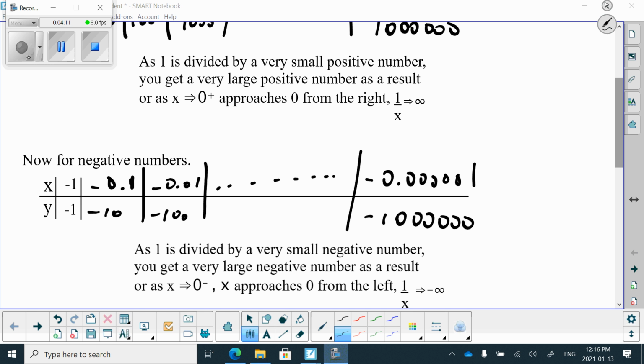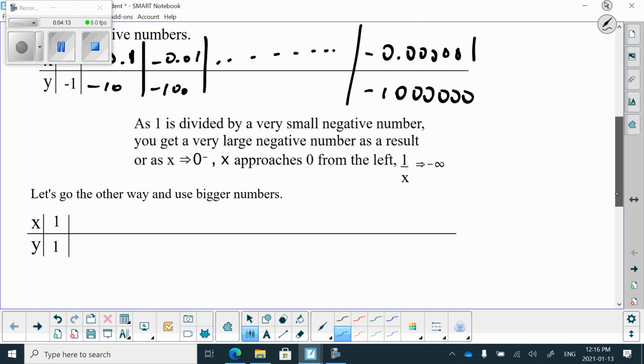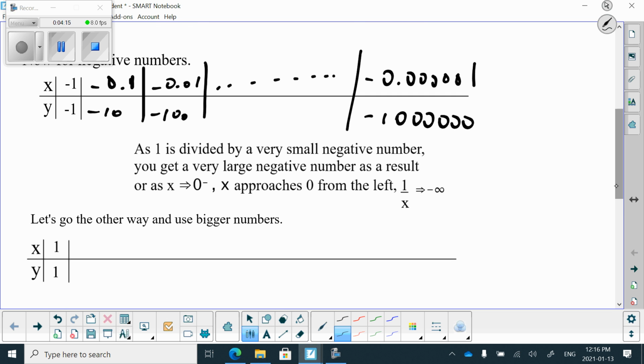Okay, so let's go the other way. So instead of x getting smaller, let's make it get bigger. Same kind of idea. Let's go plus or minus 10. If I do plus or minus 10, we'll get plus or minus 0.1.